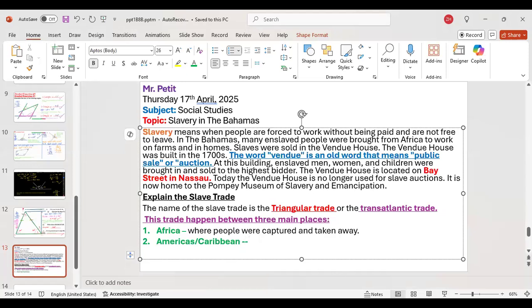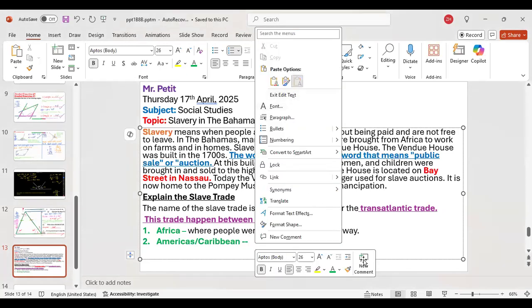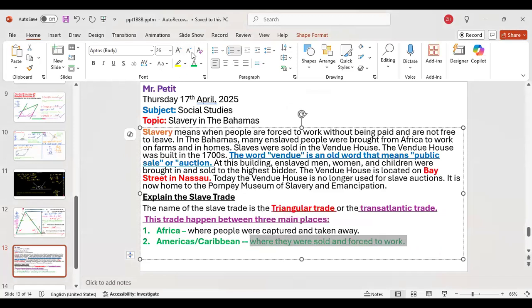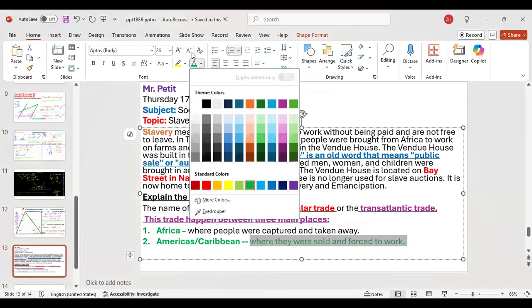They were forced to work in the Americas or the Caribbean. When we say the Americas, we're talking about North America, and basically the New World, as they say, quote unquote, Columbus.